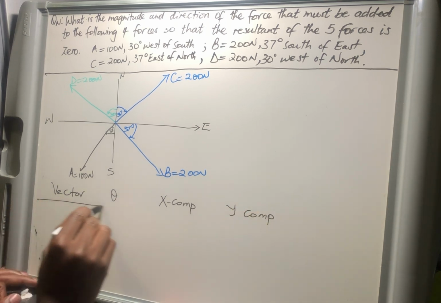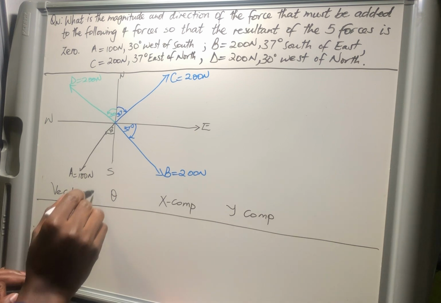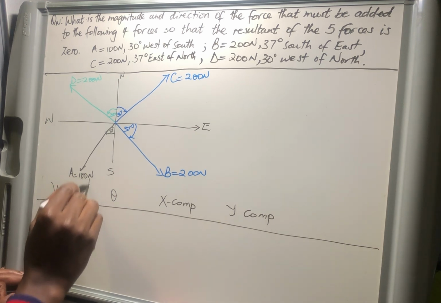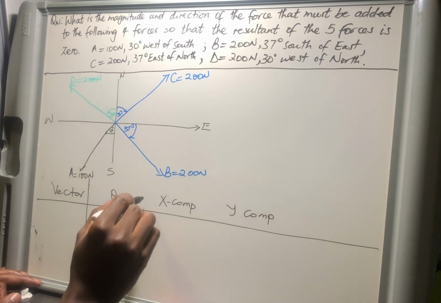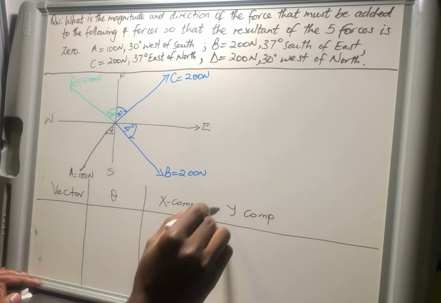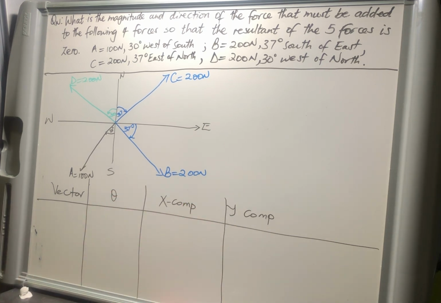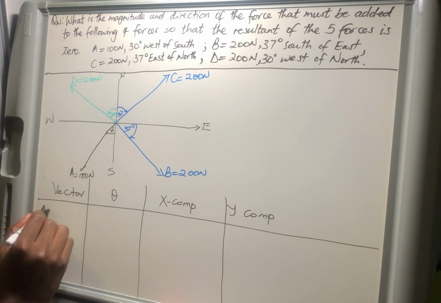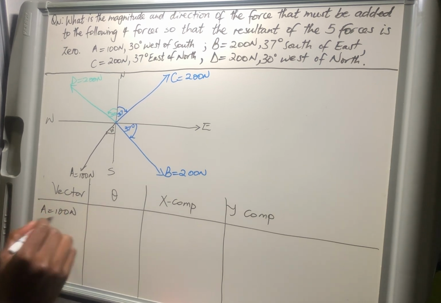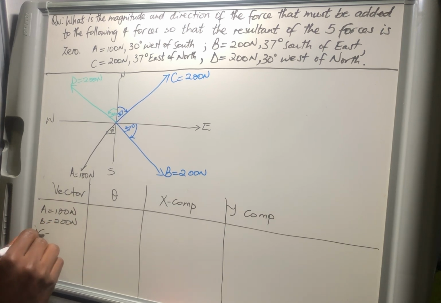I'll have a smaller table like this. Hopefully it's visible. So for my vector A, which is equal to 100 newtons, my vector B, 200 newtons, my vector C, 200 newtons, and my vector D, which is also 200 newtons.